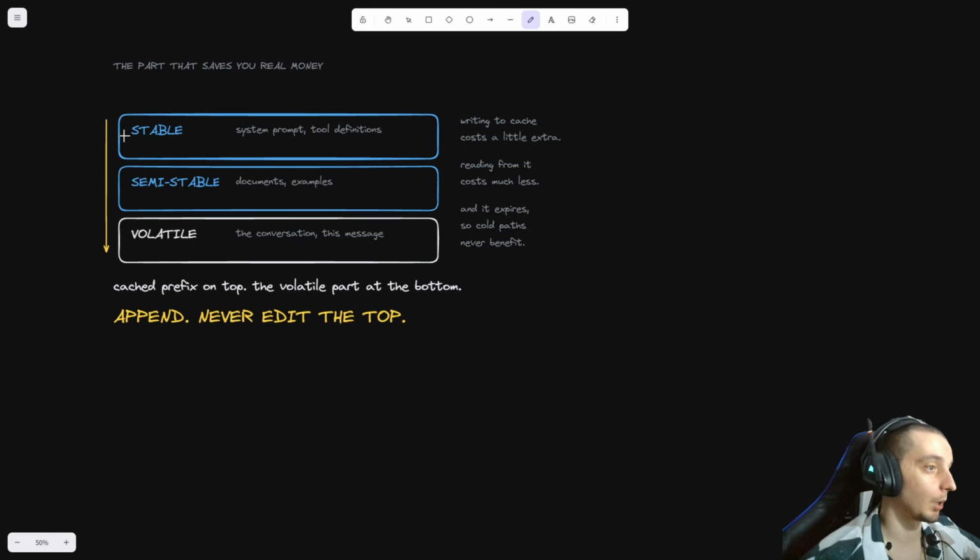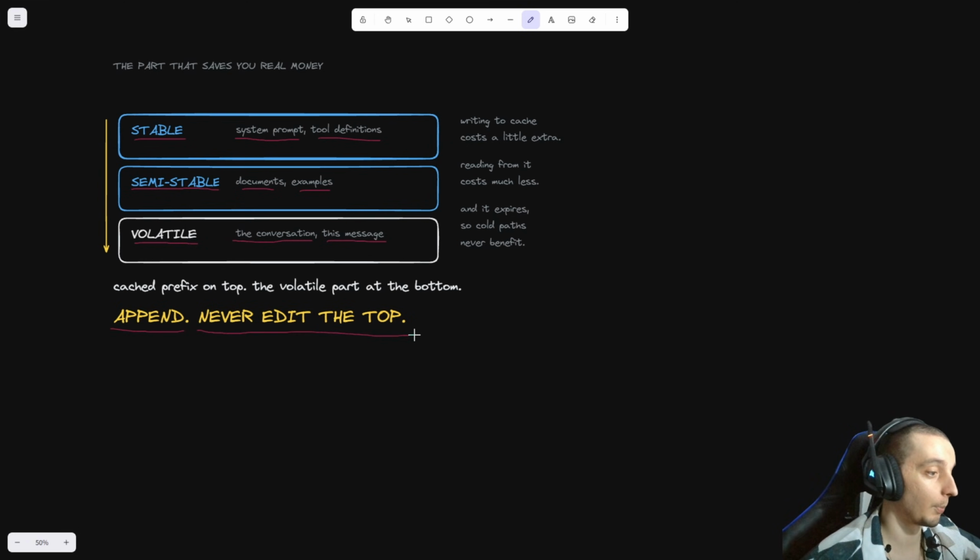It's pretty simple. Put the stable stuff, for example the system prompt and tool definitions, at the top of your prompt. Then goes the semi-stable stuff like documents or examples, which can change but it is unlikely. And then the volatile stuff goes at the bottom, like your conversation itself, the new message. The rule is pretty simple: always append.